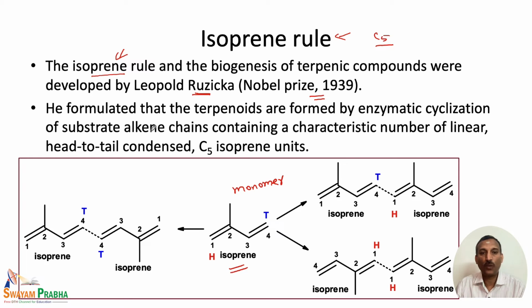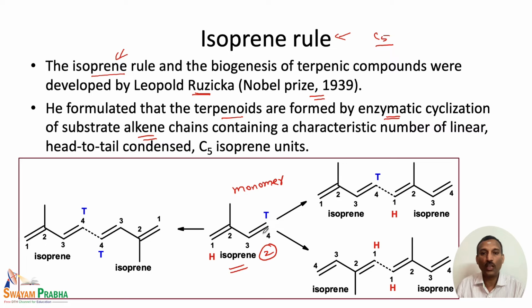So he formulated that the terpenoids are actually formed by enzymatic reactions. He talked about the biogenesis, or the biosynthetic way by which an organic compound is actually made, and he talked about the enzymatic cyclization of the substrate alkene chain. So that means isoprene has two alkene units.